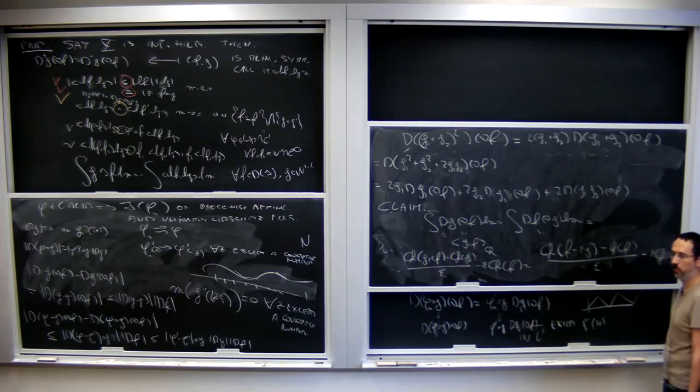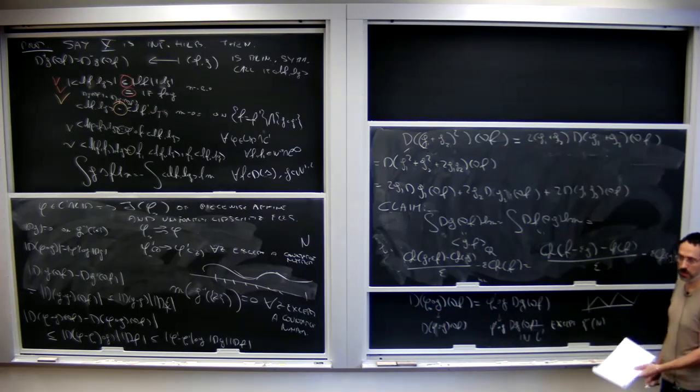This is an identity that holds for every F and G. It's basically the parallelogram identity, or a consequence of it written in this form.